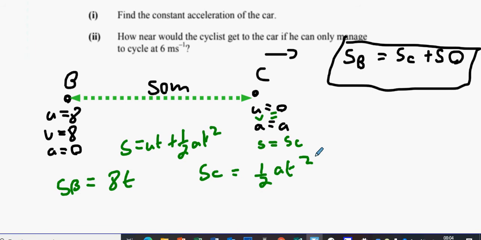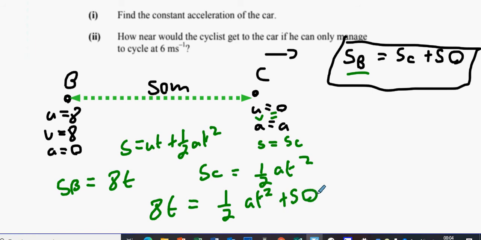So, alright. Now, what to do next? Add them both together. Sorry, not add them both together. It's 8T, SB equals SC plus 50. The half AT squared plus 50. At this point, I'm going to stop because I've encountered my first problem. What's the problem? 2 variables, 1 equation. This isn't going to work out for me until I have another equation to use.